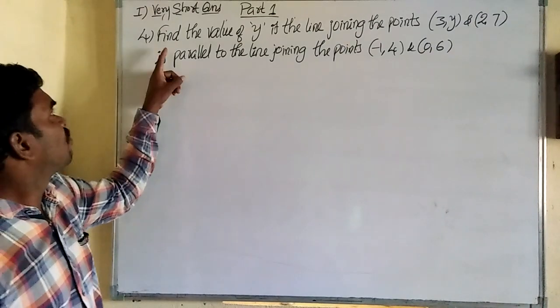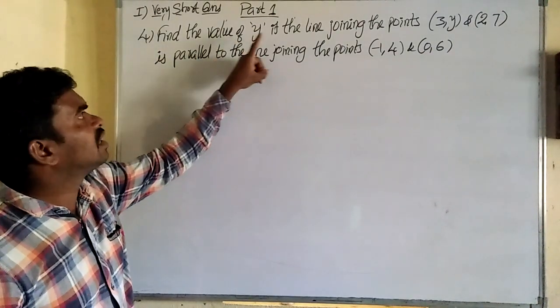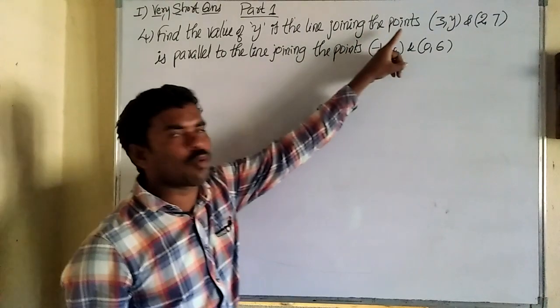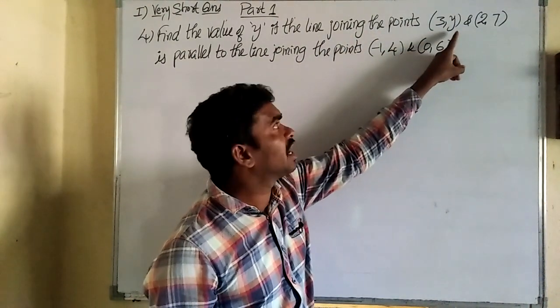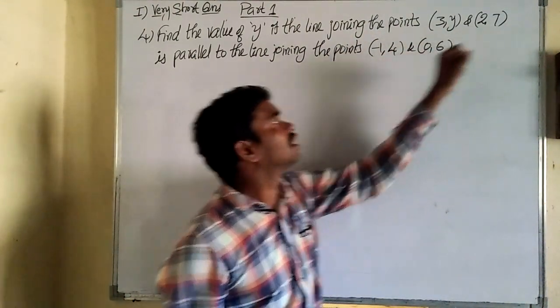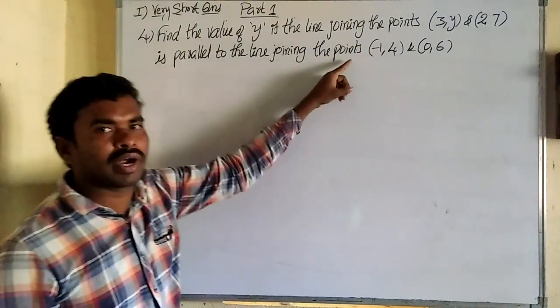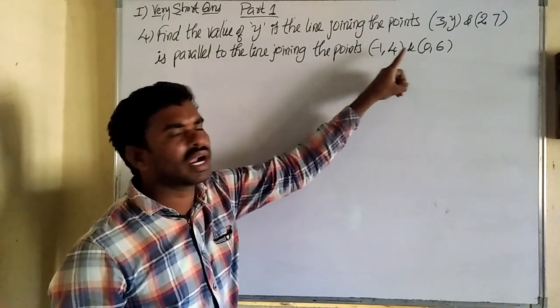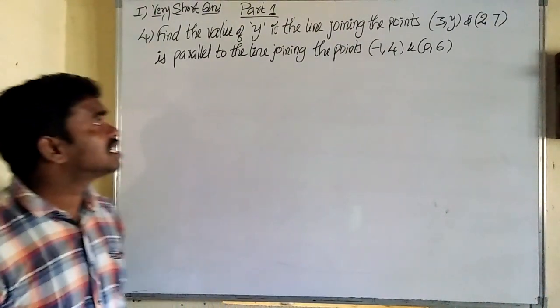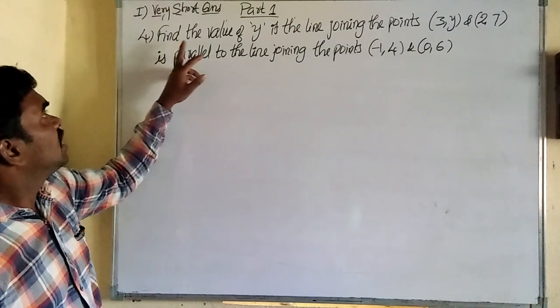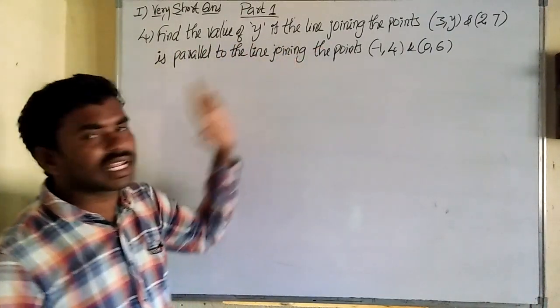Fourth question. Find the value of y if the line joining the points 3, y and 2, 7 is parallel to the line joining the points minus 1, 4 and 0, 6. See here, two lines are given.